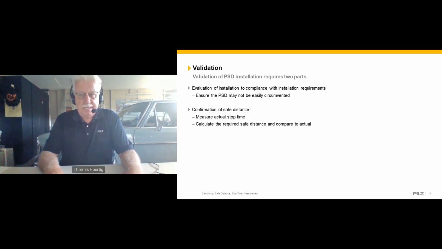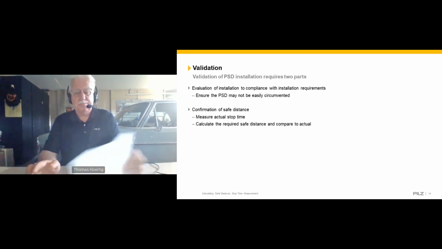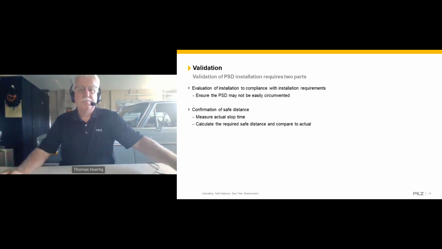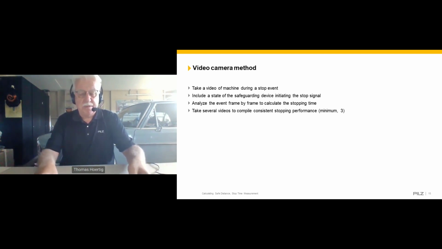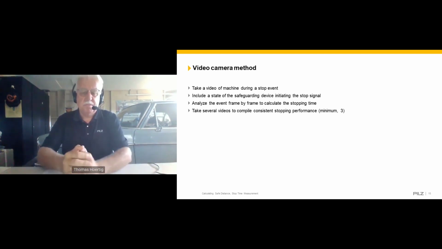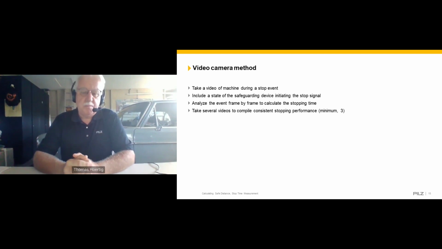Also, when you calculate a safe distance, for example on an existing machine, you have to confirm that. You measure the actual stop time, calculate the distance, and compare with the actual. Of course, for a new machine, you will have the result of your calculations. Now, there is a method that you could use. It's called the video camera method.